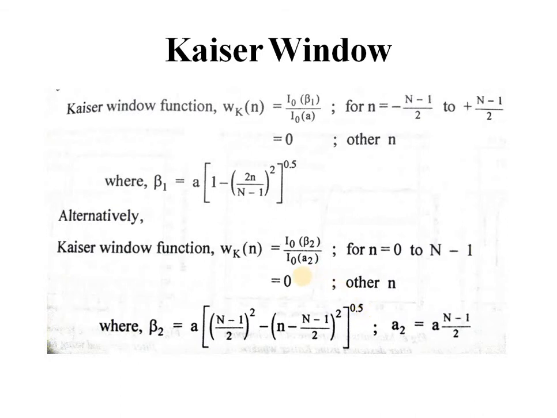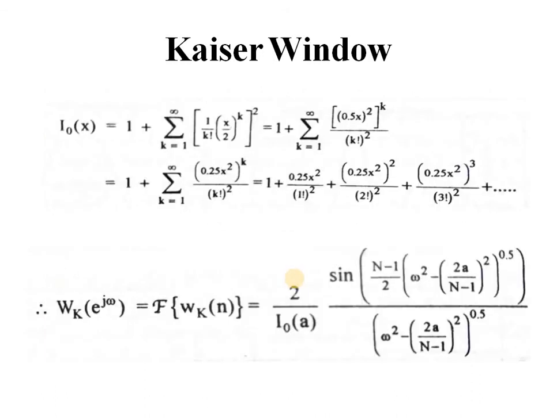The modified Bessel function of the first kind, I naught of x, is given as I naught of x equal to 1 plus the sum from k equal to 1 to infinity of (1 by k factorial (x by 2) whole power k) whole square.